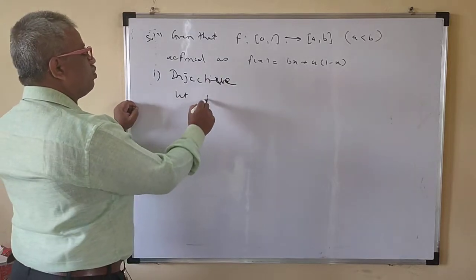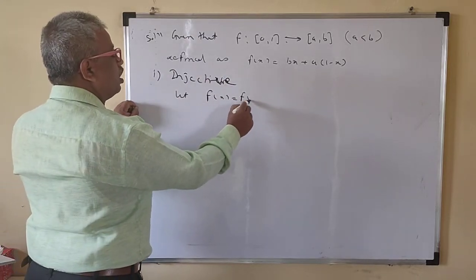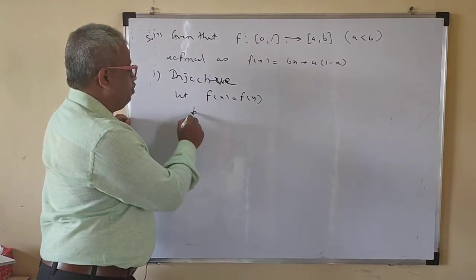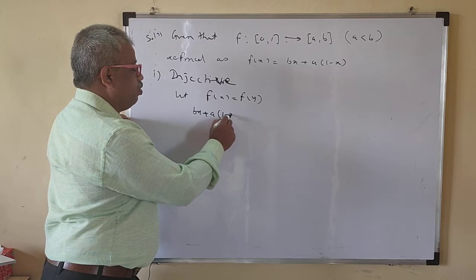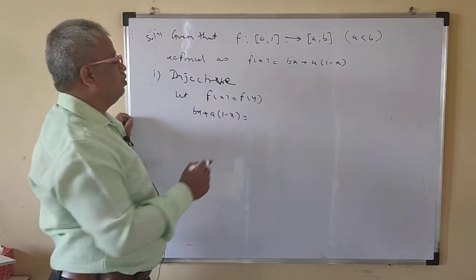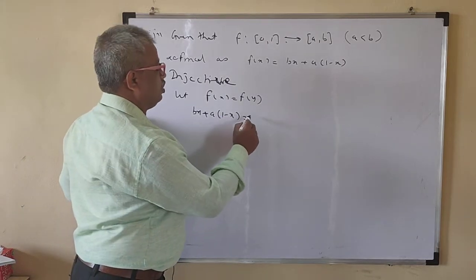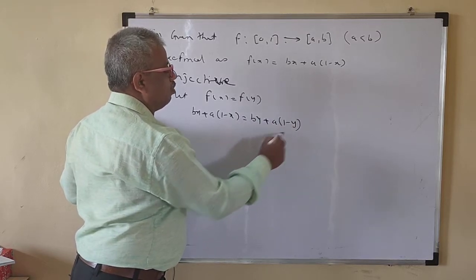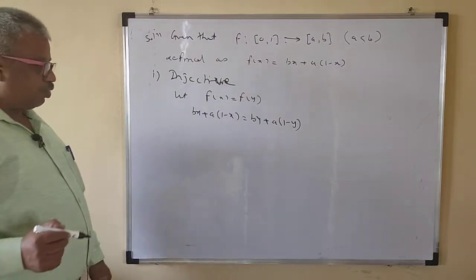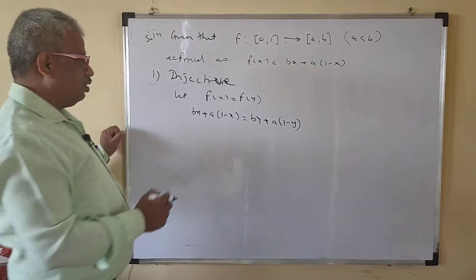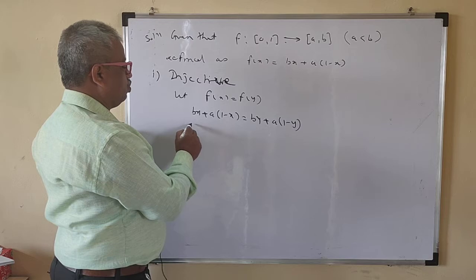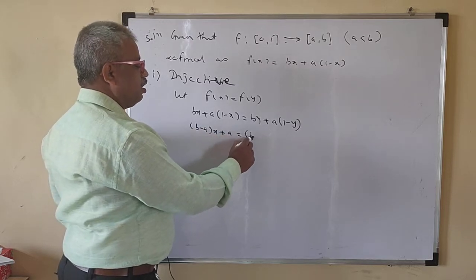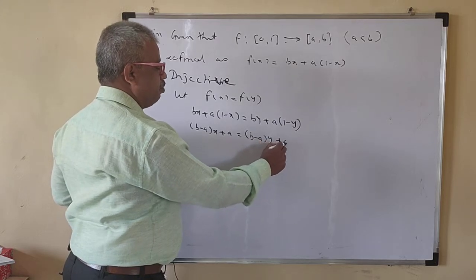For injective, let f of x equal f of y, and we will prove x is equal to y. So bx plus a into 1 minus x is equal to by plus a into 1 minus y. This is b minus a times x plus a equal to b minus a times y plus a.